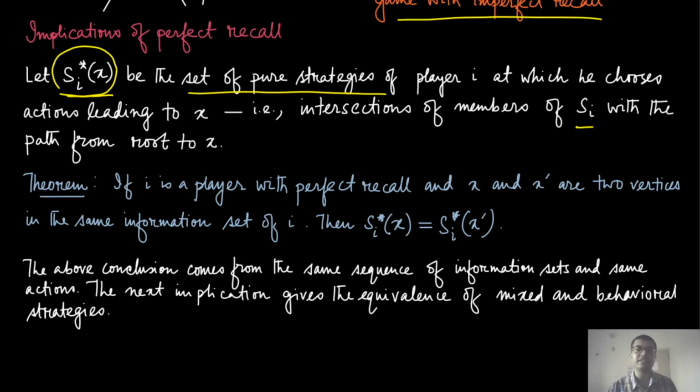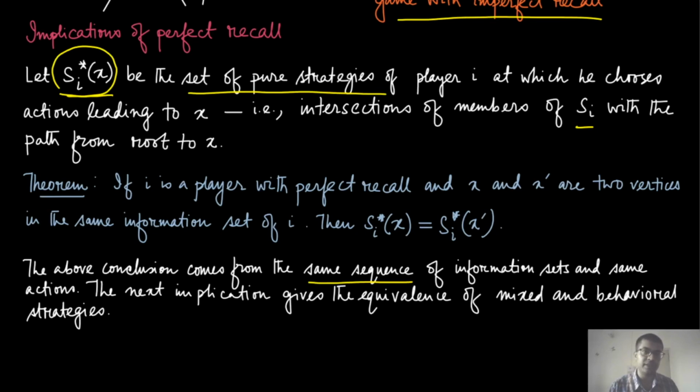They should have the same set of elements in both these sets. So here the hint of this proof is given. It comes from the same sequence of information sets and the same actions that have been picked by the same player.